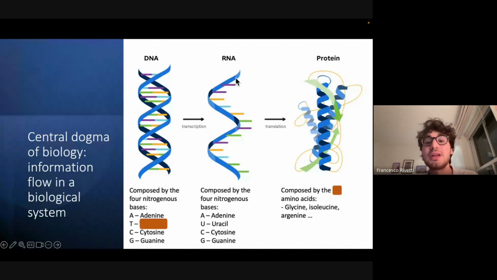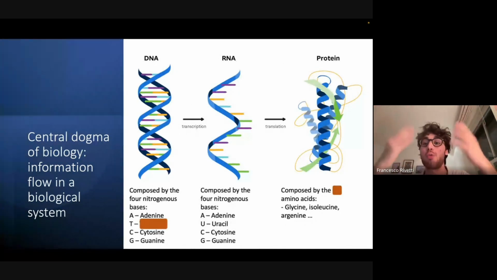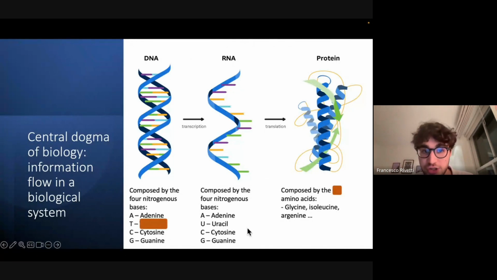The reason we need mRNA is because we can't directly access DNA to produce proteins, and we need an intermediary molecule that is able to exit the nucleus and interact with the translational machinery, i.e., the ribosome, to then produce protein. So the RNA is essentially a messenger. That's why it's called messenger RNA, because it transports the information from the DNA to the ribosome to make proteins.